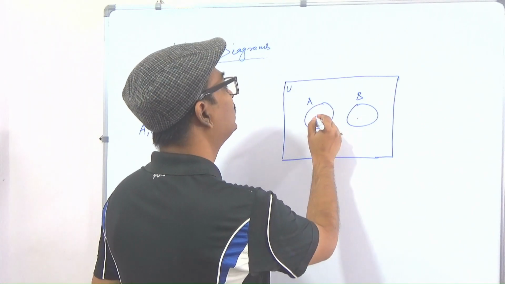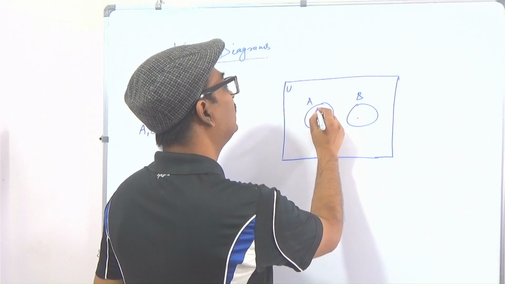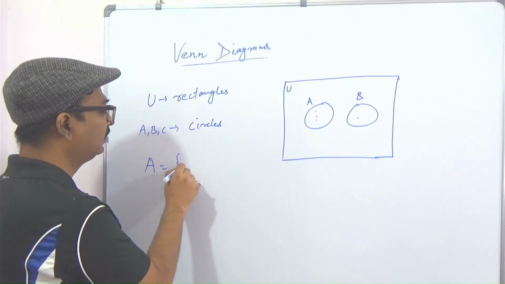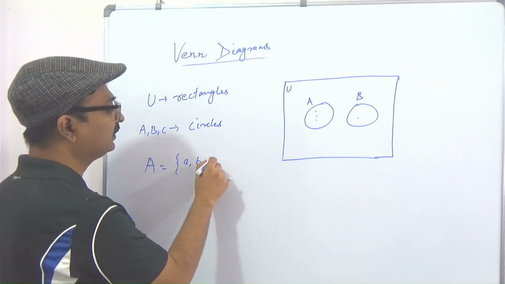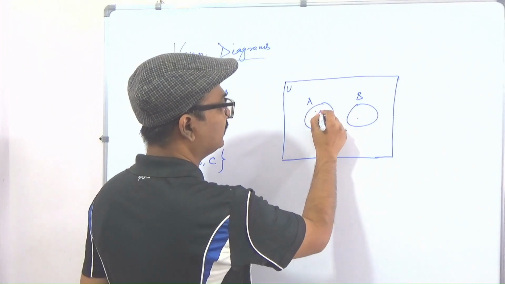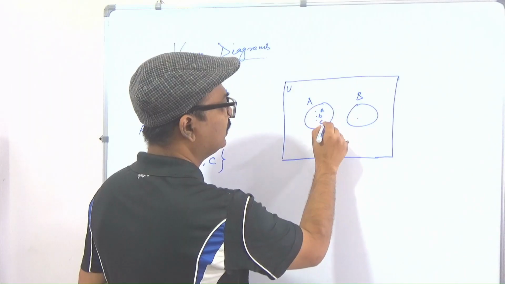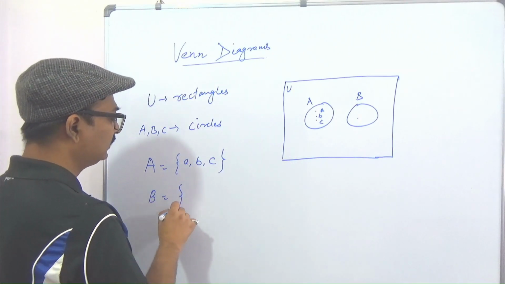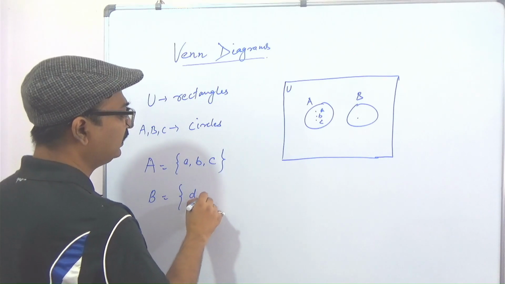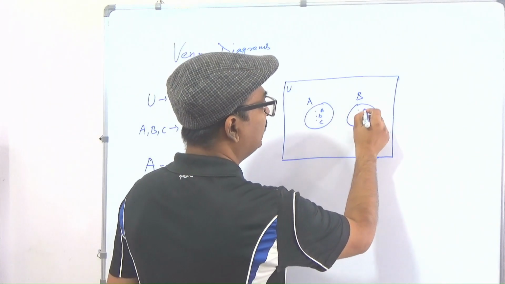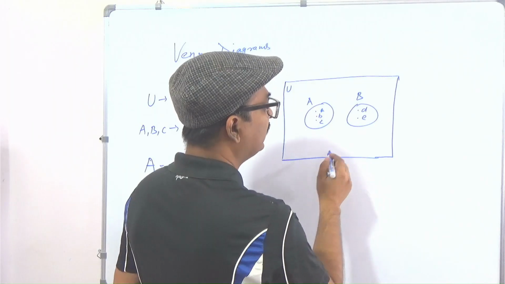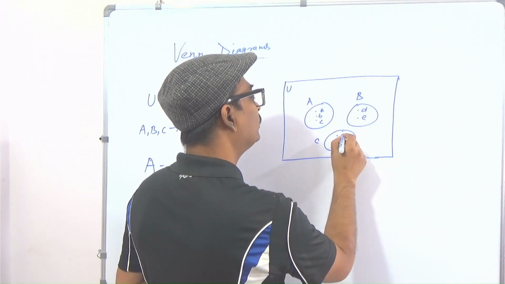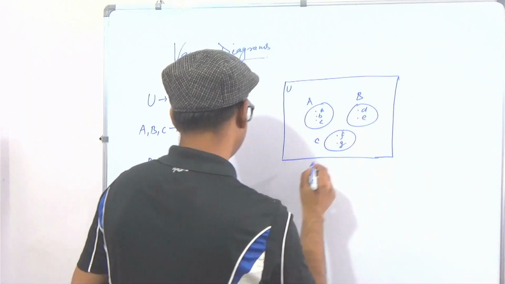And we write elements by putting dots. Let's say the elements of A are a, b, and c. So we'll write it like this: a, b, c. Let's say B has d and e. So we'll write d and e. Let's say we have another set C which has f and g.